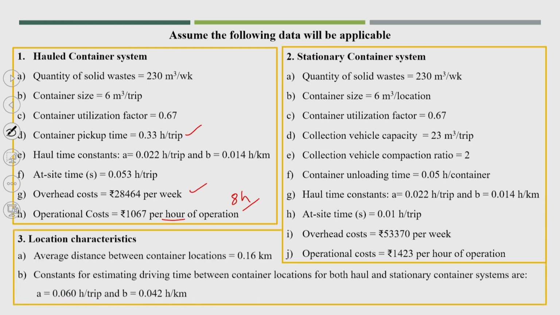Also regarding the location characteristics, the DBC value is given, the average distance between the container locations is 0.16 kilometer, and also the constants for estimating driving time between the container locations, A and B values, are given.